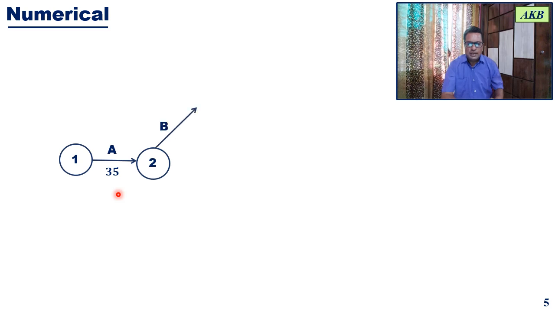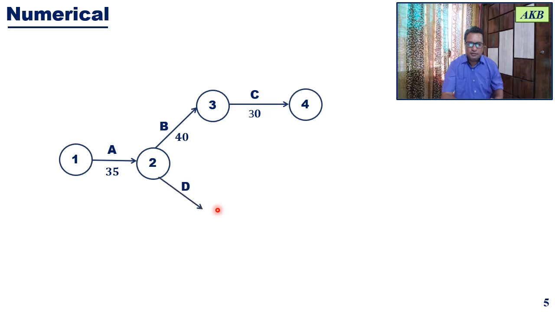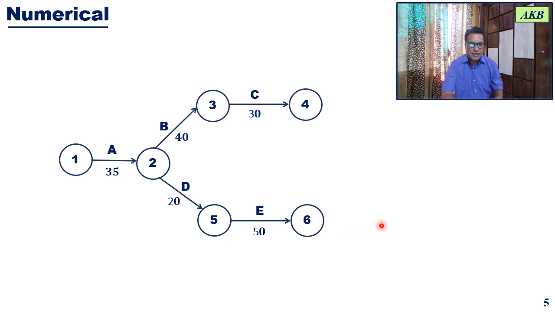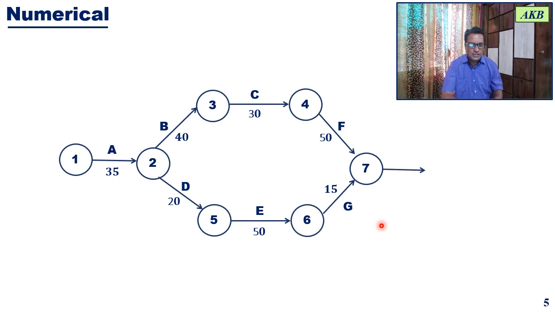Event 2, activity B, duration is 40 weeks, event 3, then activity C, duration 30 weeks, event 4, activity D, duration 20 weeks, event 5, activity E, duration 50 weeks, event 6, then you have activity F, duration 50 weeks, event 7, and activity G, duration 15 weeks, and finally you have activity H and event 8.